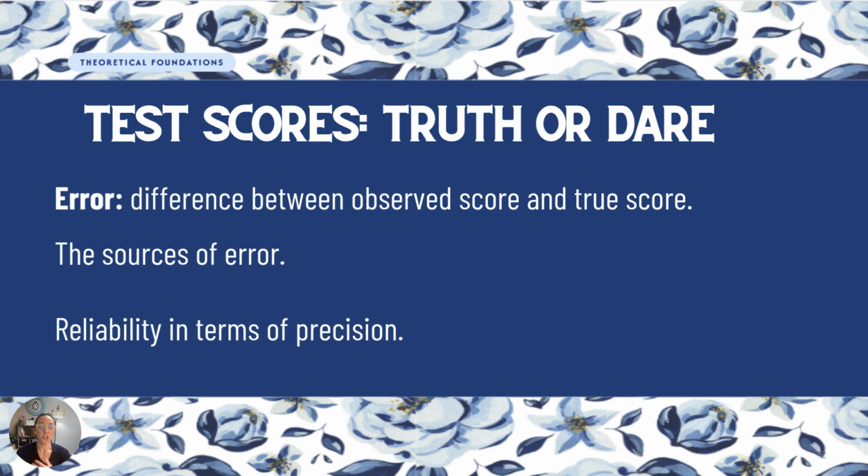All of these factors create a noise that hides their true performance. Reliability is really just about precision. Again, back to that dartboard. The closer we get consistently to hitting that target, the more precise we are. The more precise we are, the more reliable the instrument becomes.